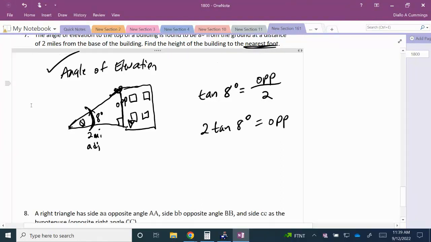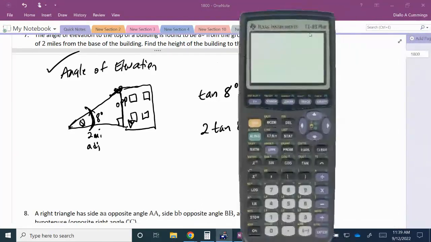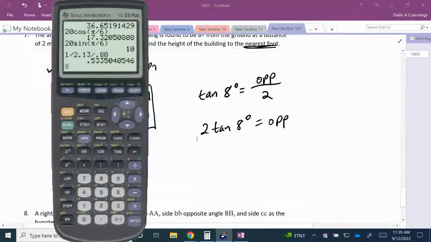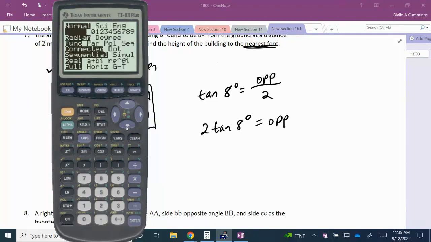Okay, I am going to bring back over the calculator. All right, now since we're using a trig function, we want to make sure that we are in the right mode. Since the angle measure is given in degrees, I want to change the mode of my calculator to degree.